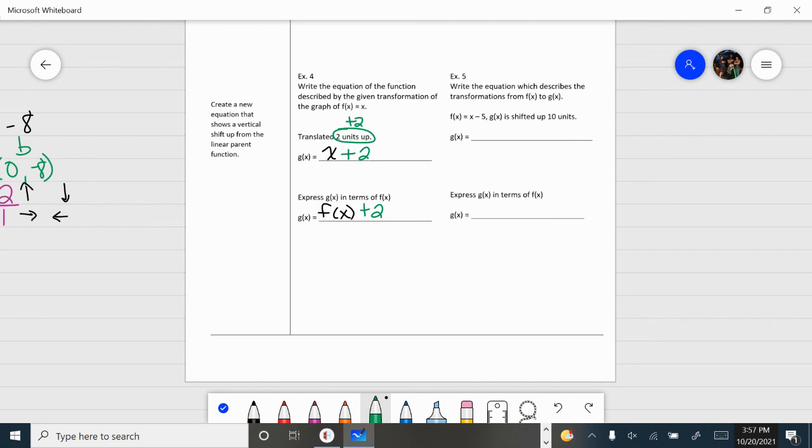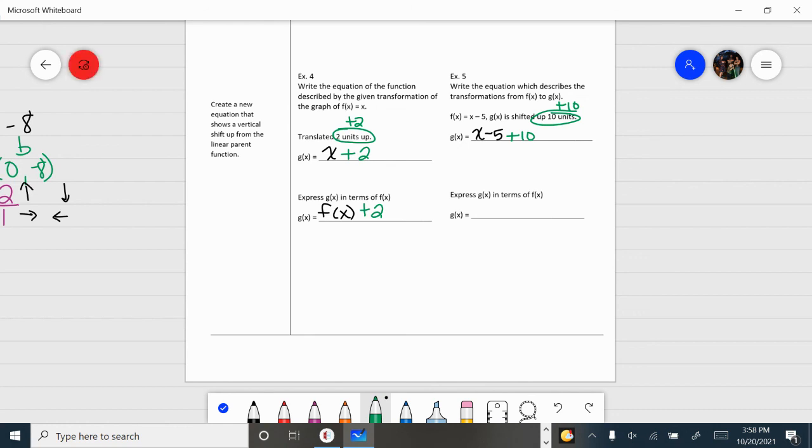On example 5, our starting function, our f of x function, is x minus 5. So for g of x, I'm going to take that entirety, that x minus 5, and that tells me that we're going to shift up 10 units. Okay, so we're going to plus 10. Okay, now normally we don't write linear equations as x minus 5 plus 10.